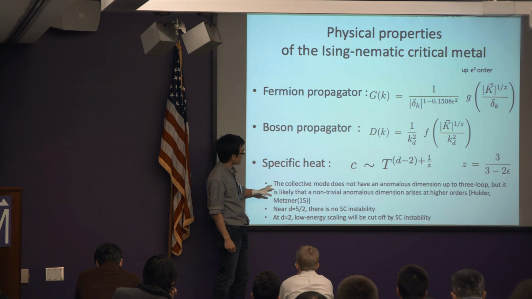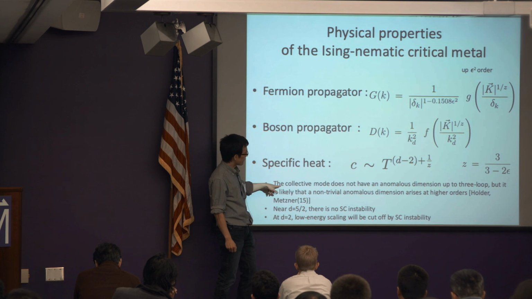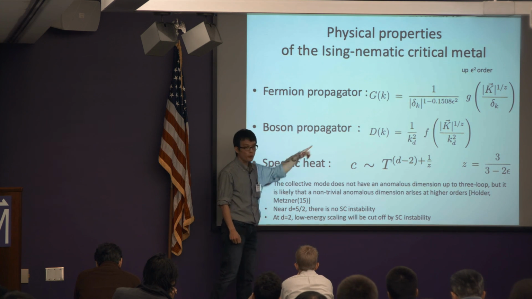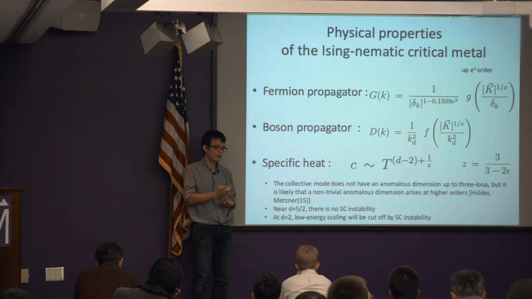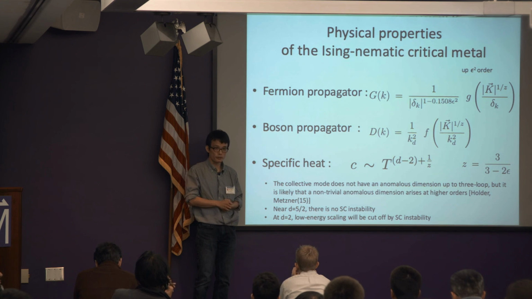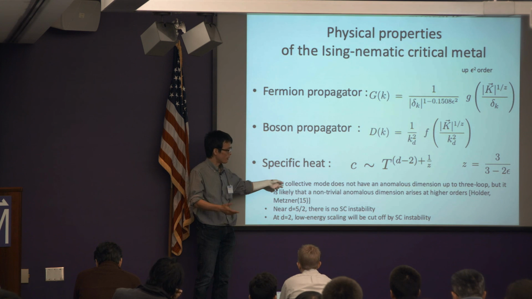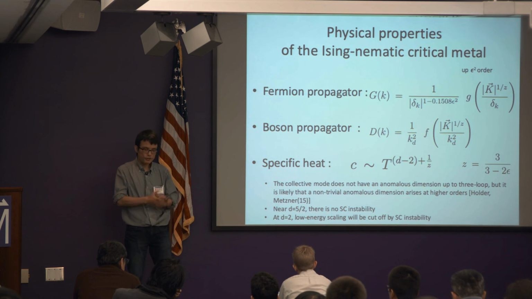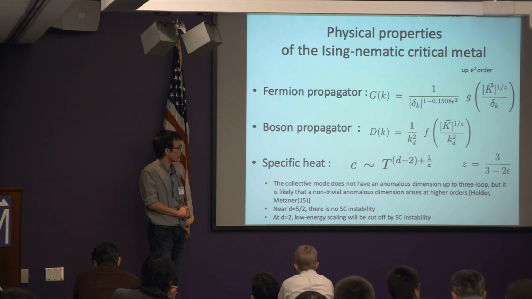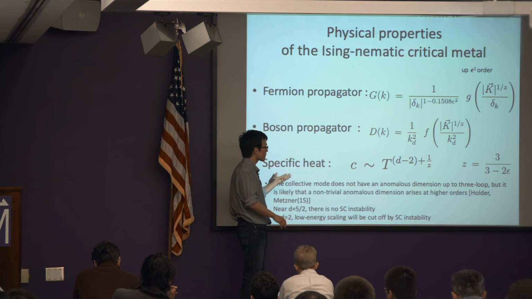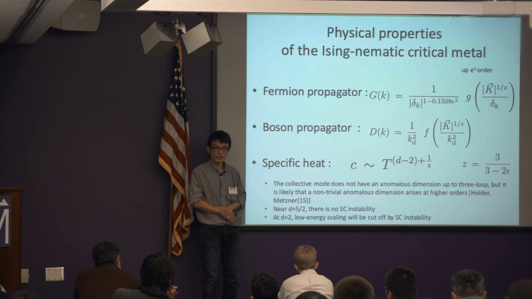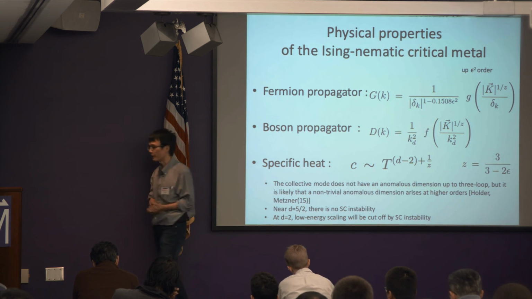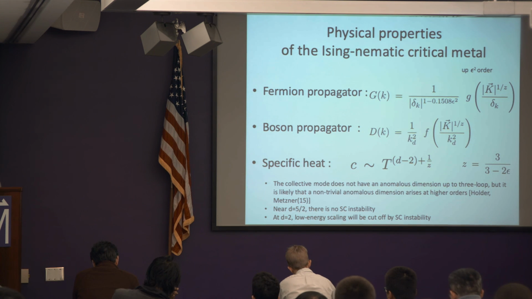But then another comment is that this has been puzzling, but somehow the boson, the collective mode, doesn't receive non-trivial anomalous dimension up to some loop order. People have checked up to 3 loop order, but there's no symmetry reason that protects the scaling dimension of the boson, and it's likely that even at higher loop order, there will be some non-trivial anomalous dimension.